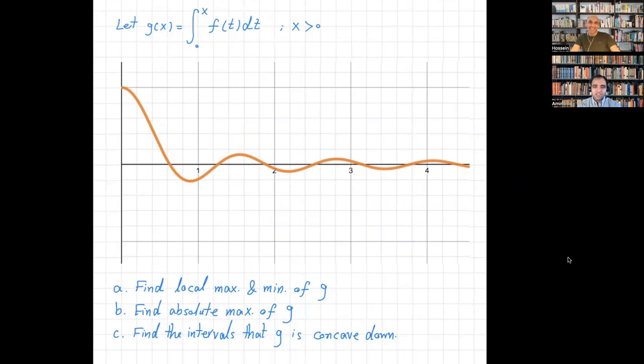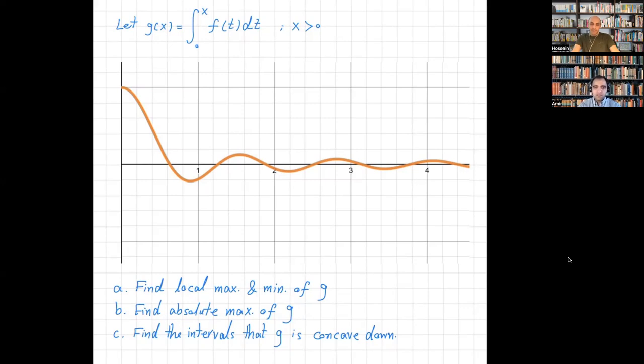As you can see, we have a curve here, a function in orange. So I read the problem for you. Let g of x be equal to the integral of f of t dt from 0 to x, when x is positive.